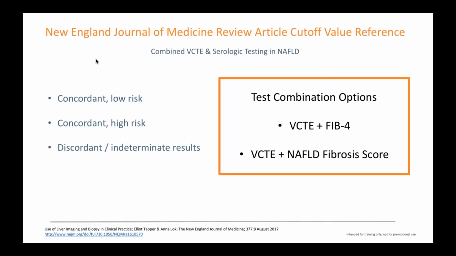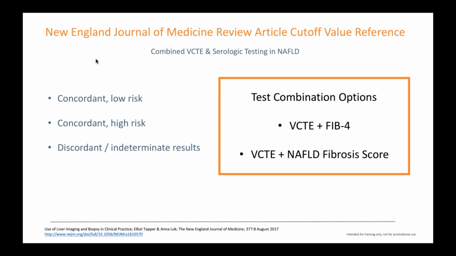And then finally, getting back to the Tapper and Loomba publication in the New England Journal of Medicine relating to NAFLD, using this same strategy of same-day VCTE and serologic testing, they're suggesting two possible combinations.